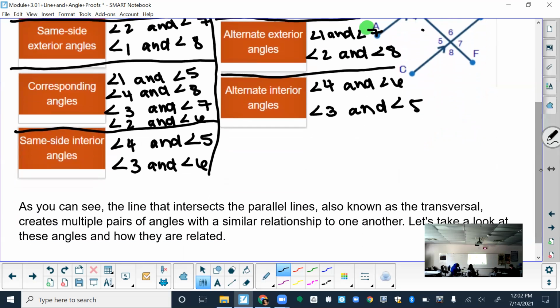So if you see a problem that says transversal line AB or whatever it says, the line that intersects the parallel lines, also known as the transversal, creates multiple pairs of angles with similar relationships. So the transversal line is the one that intersects the two parallel lines.